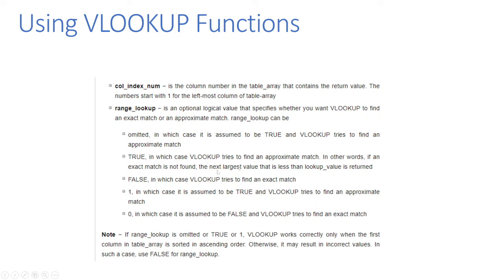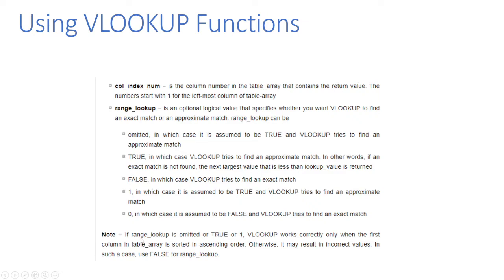In other words, if an exact match is not found, the next largest value that is less than the lookup value is returned. False is when VLOOKUP tries to find an exact match. 1 is assumed to be true and VLOOKUP tries to find an approximate match. 0 is assumed to be false and VLOOKUP tries to find an exact match.